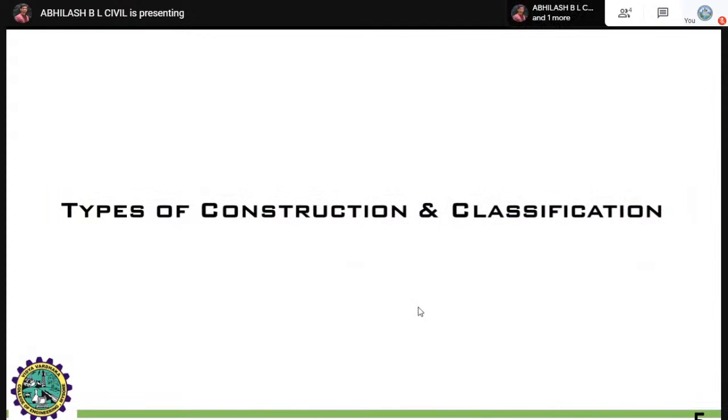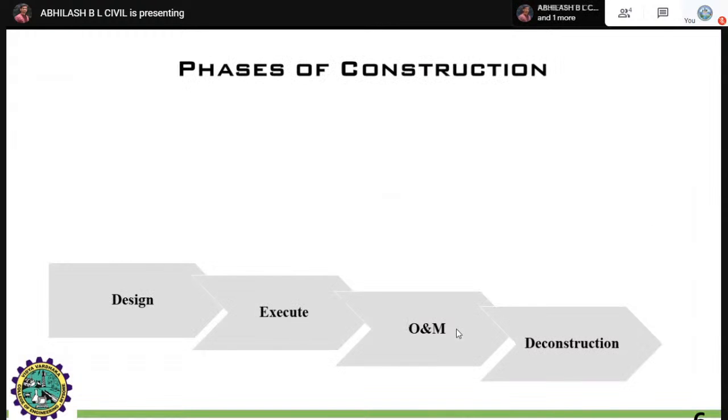Coming to the types of construction and the classification. We cannot say that all buildings perform in the same manner. There will be different aspects for different types of construction, for example residential, institutional, commercial, hospital, industry. All these types of construction carry out different executing, designing and operating parts.